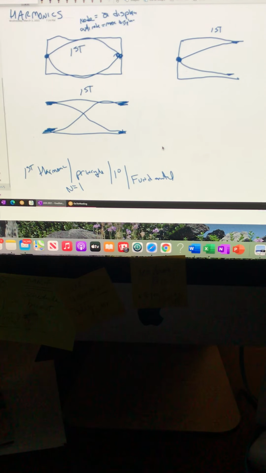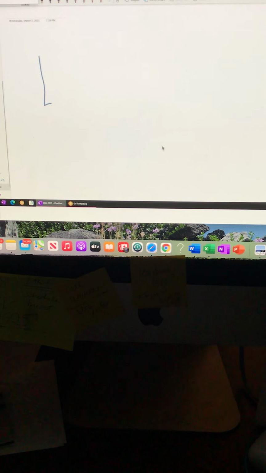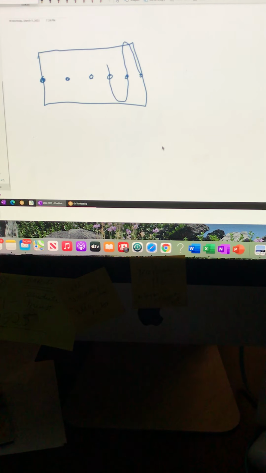Okay. So now that we are such good experts on this, look. Here's a pipe. What am I supposed to have on the left, node or antinode? Node. What am I supposed to have on the right? Node. So now look what happened with this wave.